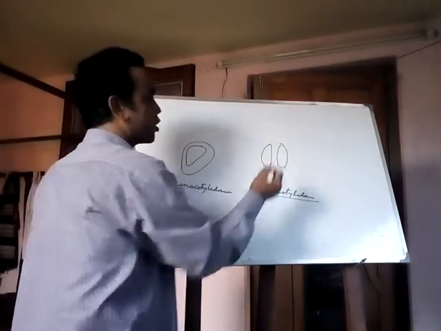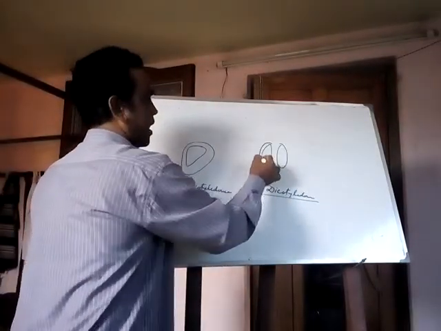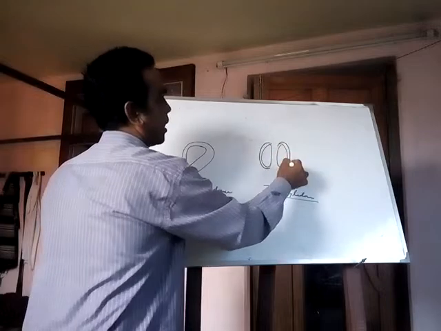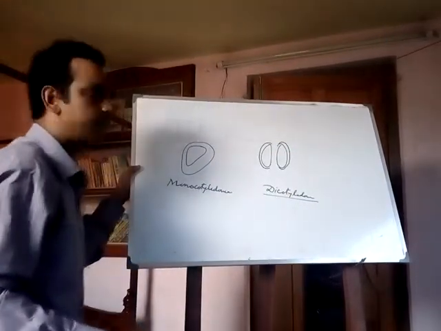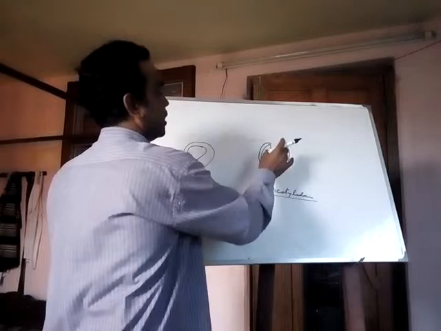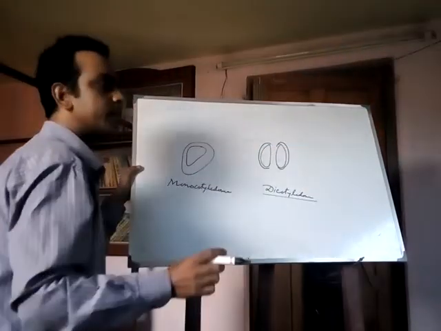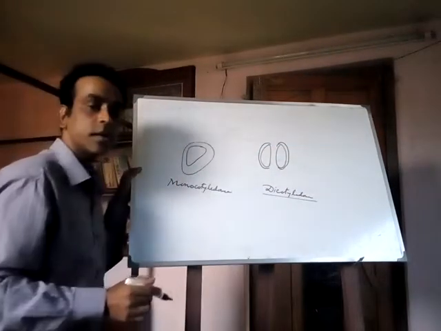The two cotyledons are present here, and the outer part is called testa and the inner part is called tegmen, and the middle, internal part of the seed is called the kernel.